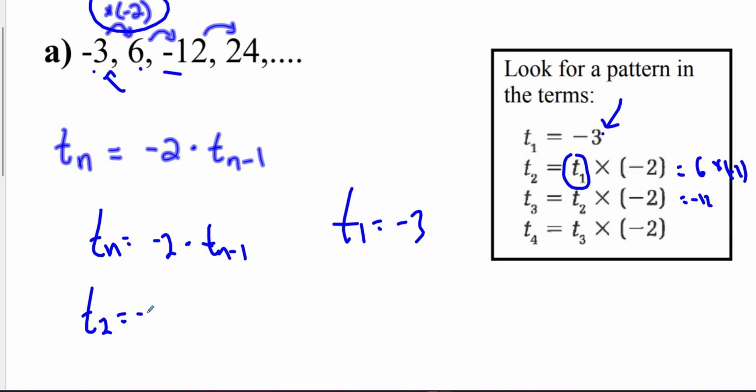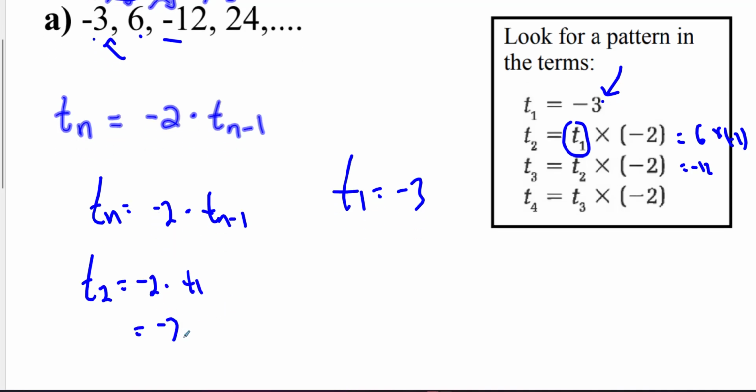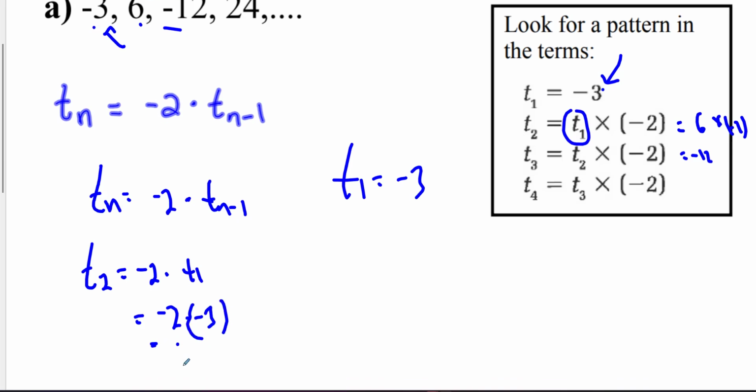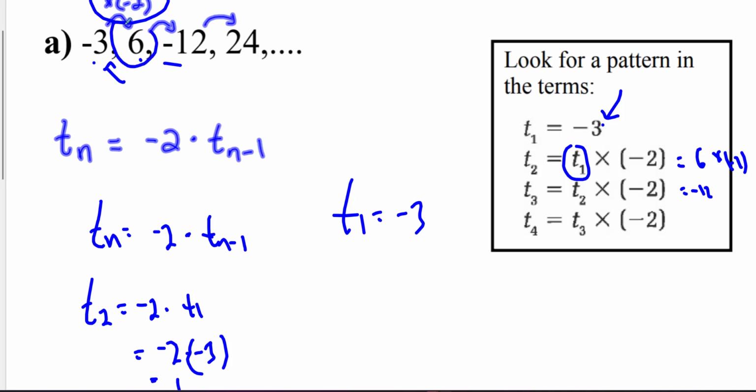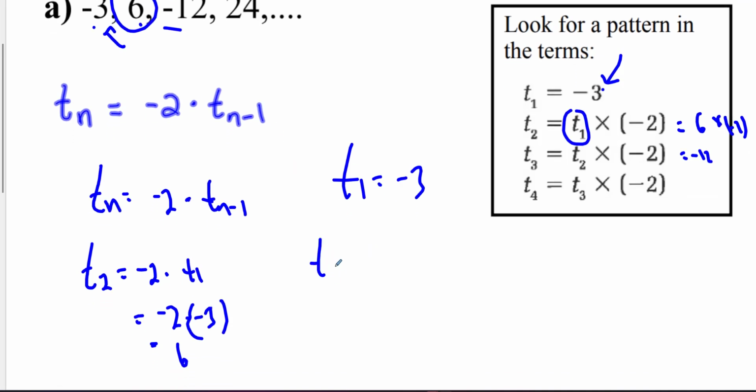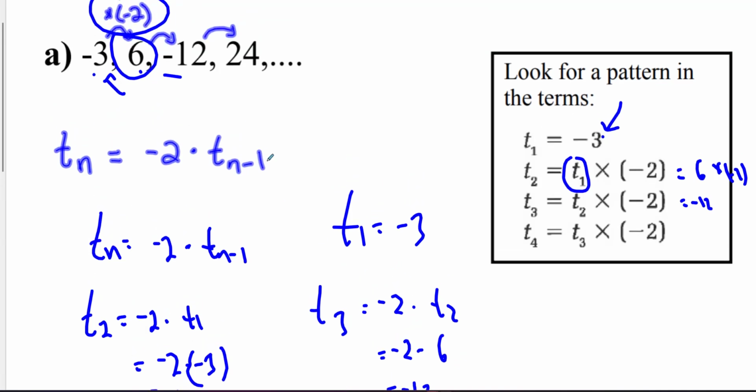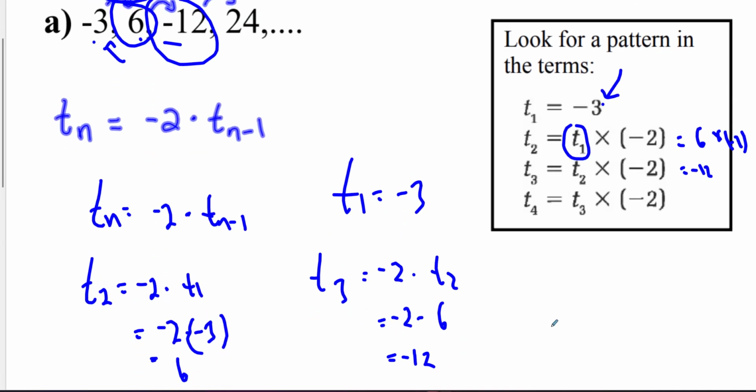Let's see if this works. So T1 is obviously -3. We always give the first value. So T2 is equal to -2 times T1. -2 times -3 is +6, and yes, that is the second term. The third term is going to be -2 times the second term, which is -2 times 6, which is -12, the third term.